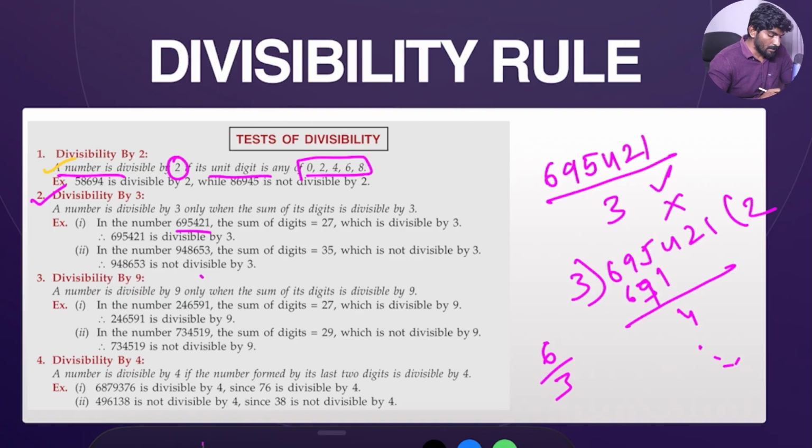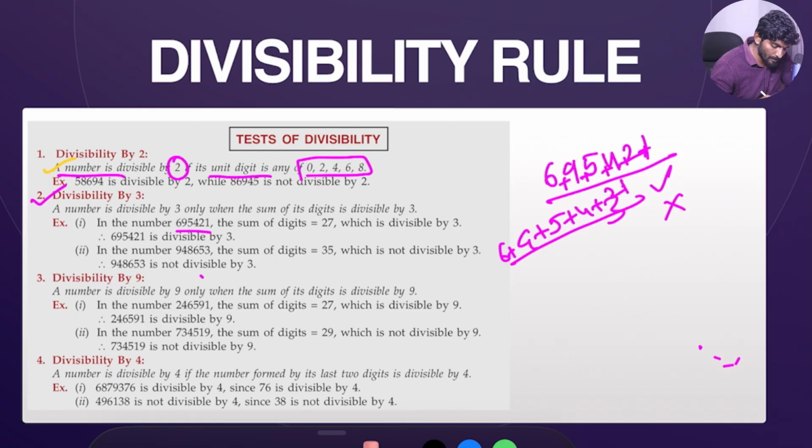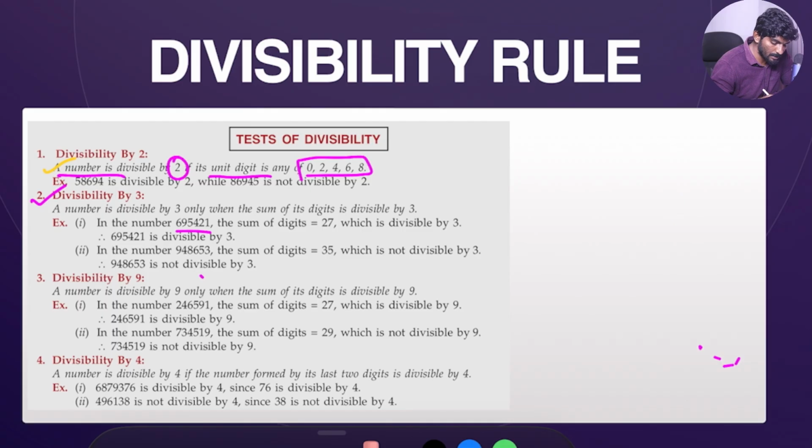So what do we have to do? You have to add all these digits: 6 plus 9 plus 5 plus 4 plus 2 plus 1. How much will you get? You will get 27. Let's do it in a simple manner.